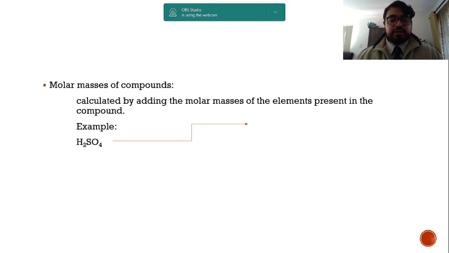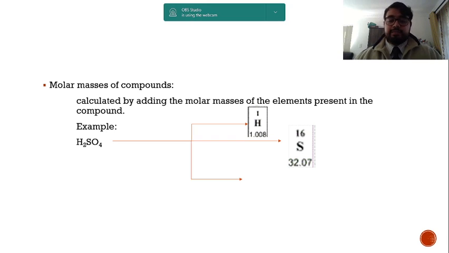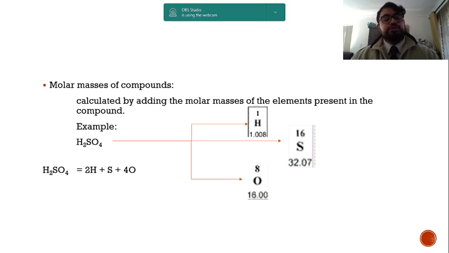So we look at hydrogen, which is 1.008, which we round off to 1. Then we look at sulfur, which is 32.07, which we round off to 32. And then we look at oxygen, which is 16 grams per mole. To calculate this, we add our individual molar masses. You'll notice down there on the screen that we have 2H. That 2H represents the two hydrogens in our compound.